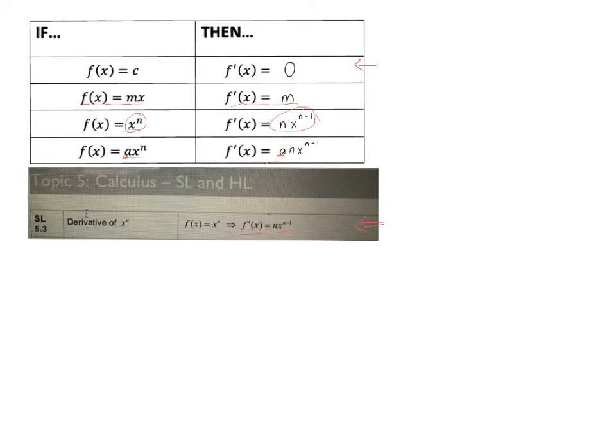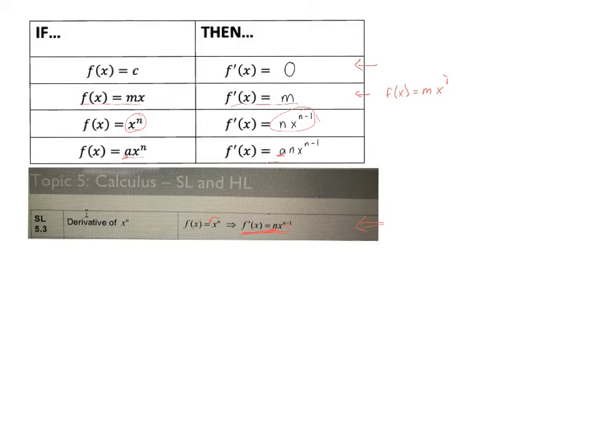Okay? This one, you can actually do using the rule from below, because you could say that f of x equals m times x to the first power, right? If there's no power, it's just a 1. And so if we follow the rule from here below, it says to take the n, put it in front, and then subtract 1 from the exponent.